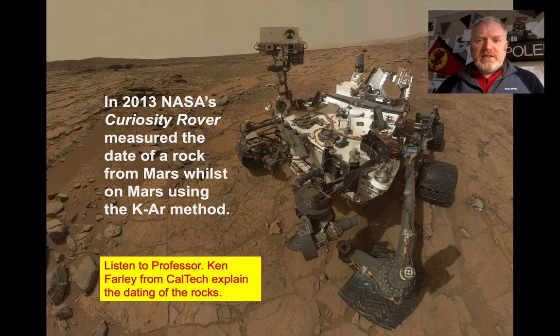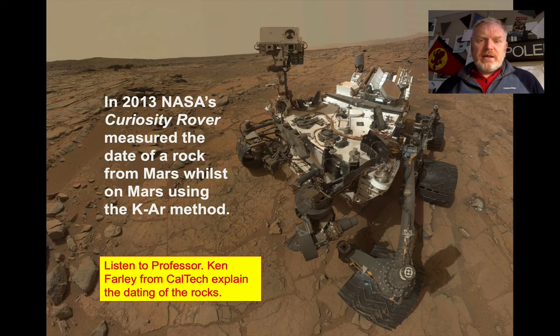Now, this technique is very widely used. Back in 2013, this was the first dating method used to establish a radiometric date away from this planet. You know, we dated rocks that have been brought back to the planet, but in 2013, Curiosity rover was able to actually measure a date of a rock on another planet.